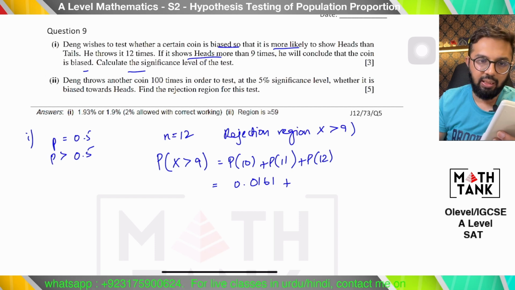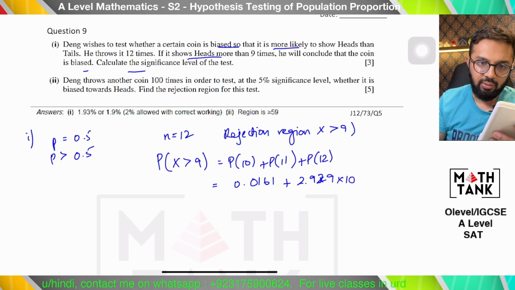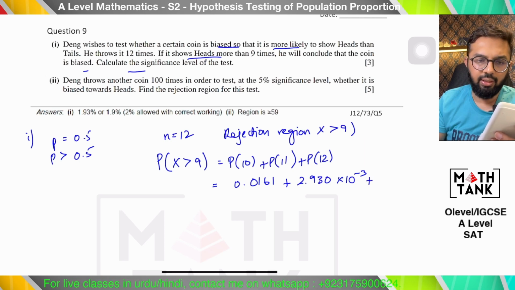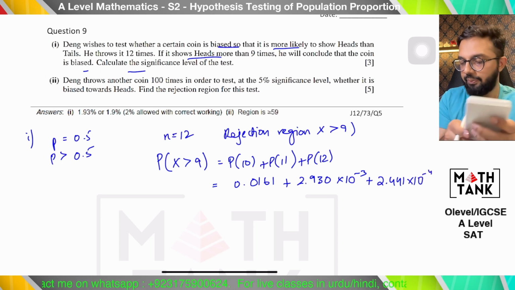So I am getting 0.0161 plus 2.9 × 10^-3, it's not 2.9, it's 2.930 × 10^-3, and 2.441 × 10^-4.